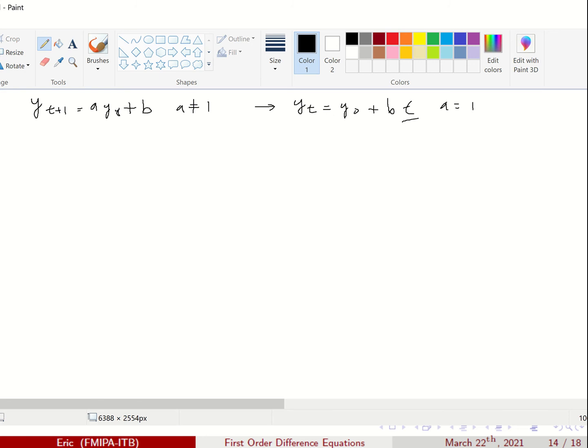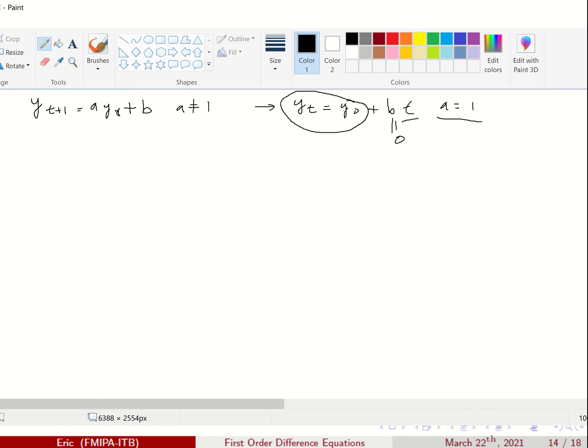So if you have t equals 1, it will change. It will not change if b is 0. So when a is 1 and b is 0, you can have a steady state solution. What is the steady state solution? This is the steady state solution: yt equals y0 if b is 0.